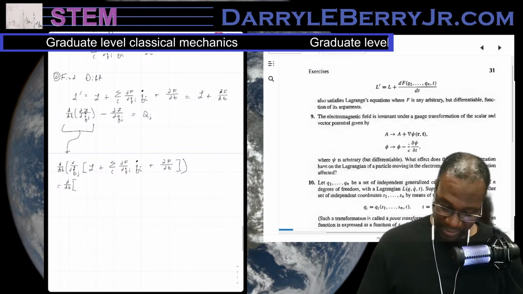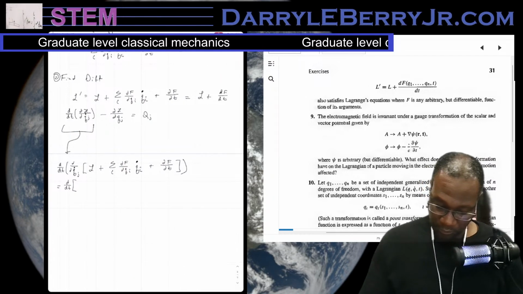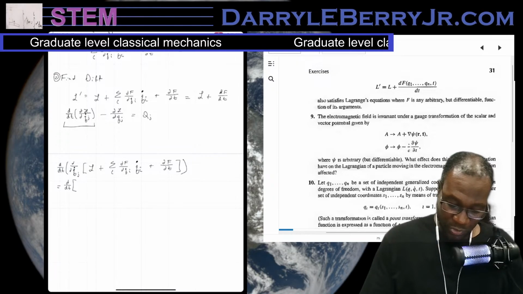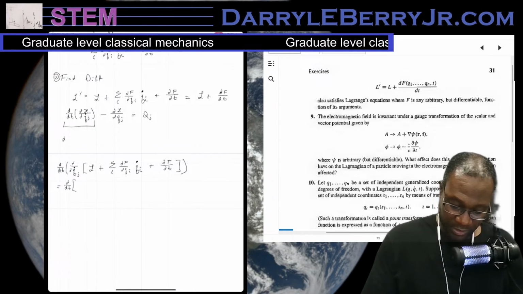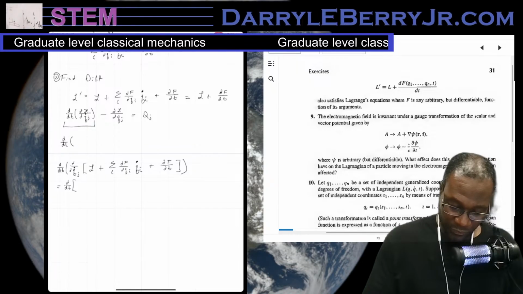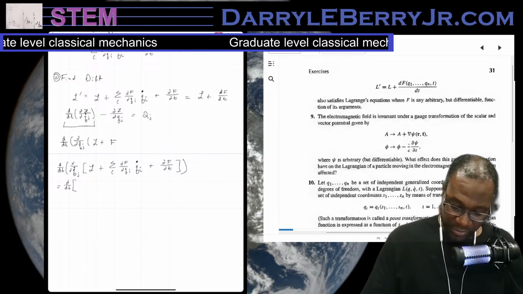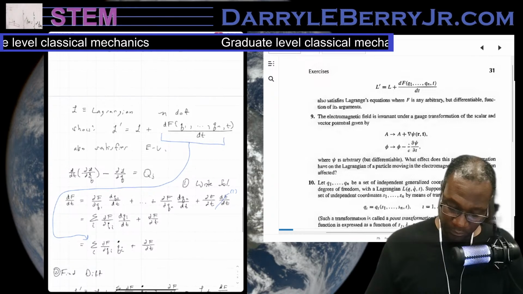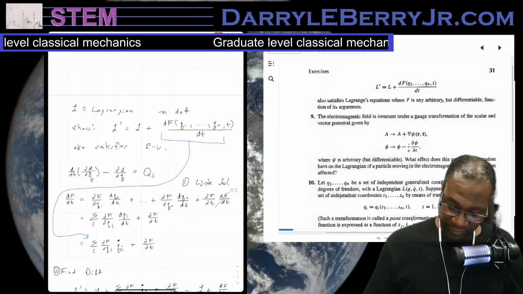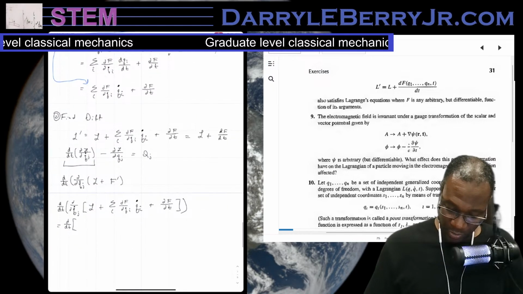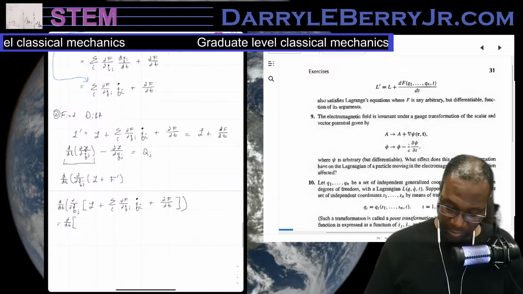So why don't we say that this is, I'll write this here, d dt of partial over partial q j dot of L plus, let's just call this f prime because this is the derivative of f, and L prime is L plus the derivative of f.